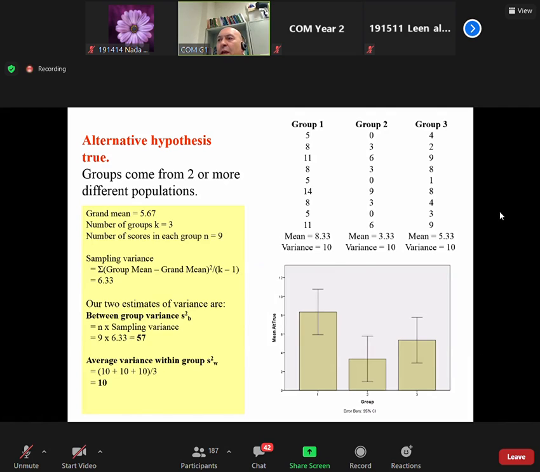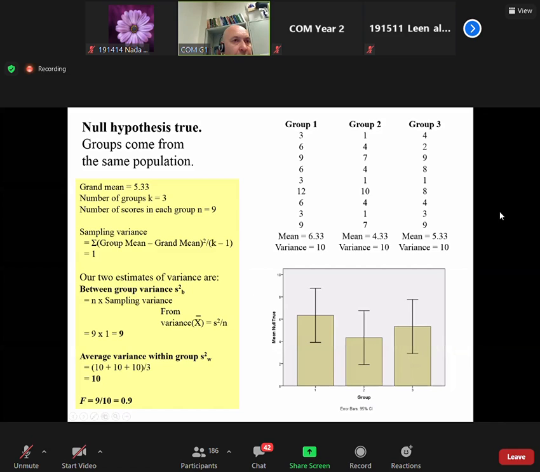Okay. What else? How did we get 6.33? That must be in the previous slide, right? Let's have a look. Is that this 6.33 here for the first mean?